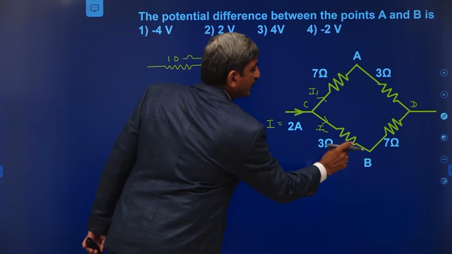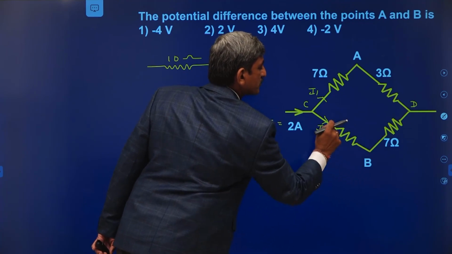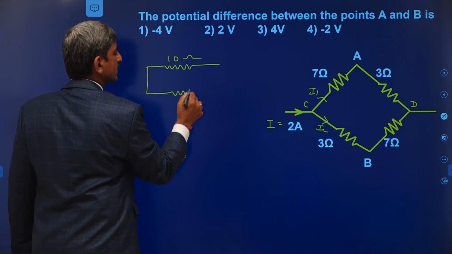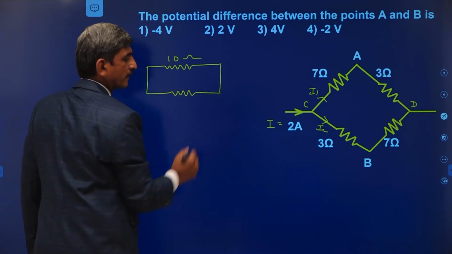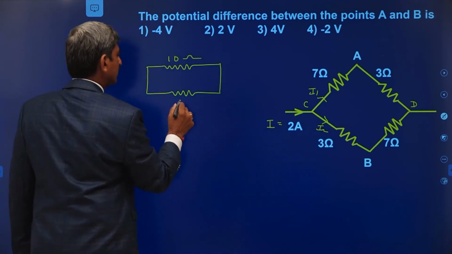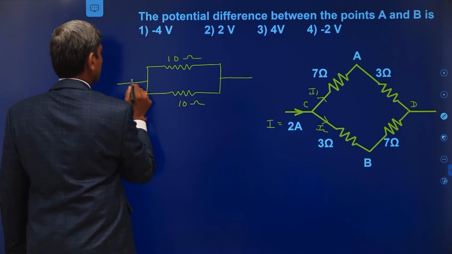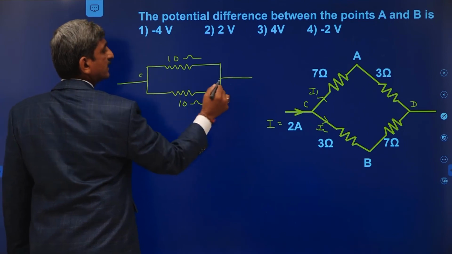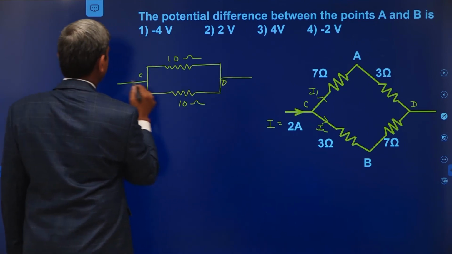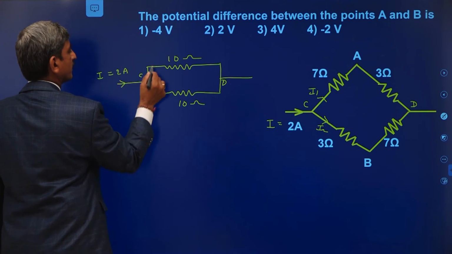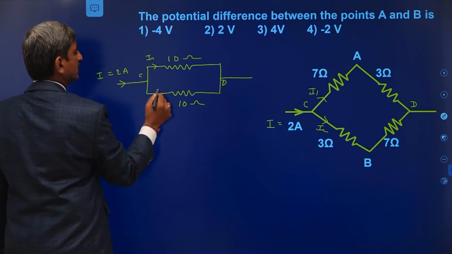And the same current I2 is passing through this 3 ohms and 7 ohms, so these two are also in series, so the effective resistance is 3 plus 7, that is also 10 ohms. This is the point C, this is the point D, this is the total current I, which is equal to 2 amperes. This is I1, this is I2.